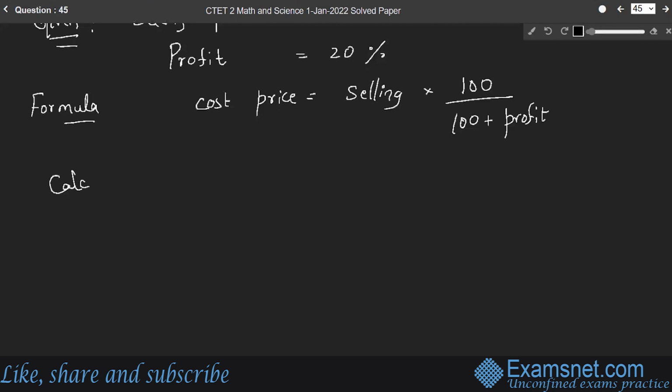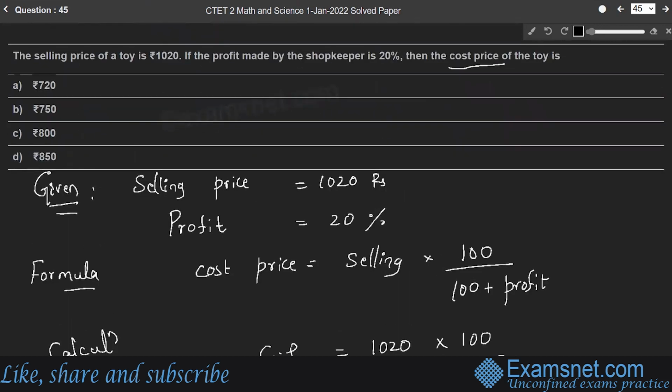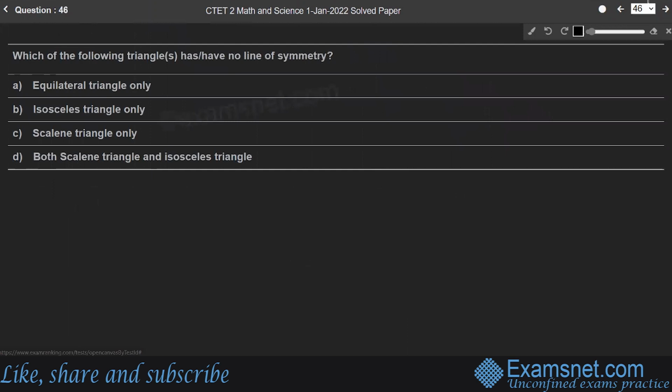Cost price is equal to selling price 1020 into 100 divided by 100 plus 20% profit. Therefore, 1020 into 100 by 120, which is equal to 850 rupees. So the cost price of the toy is 850 rupees. Option D is the right answer.